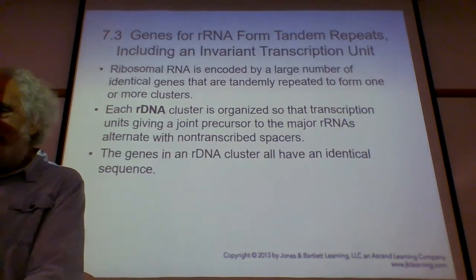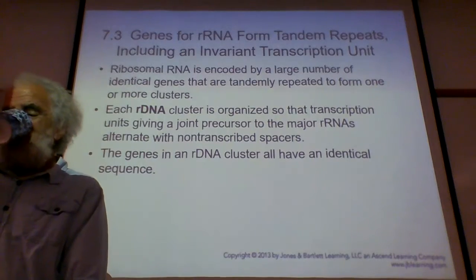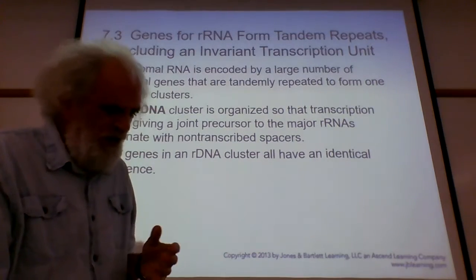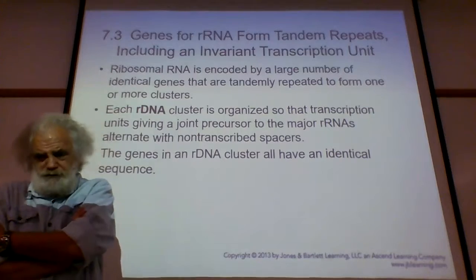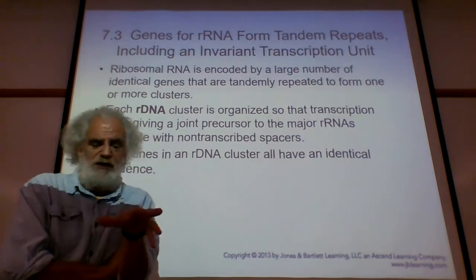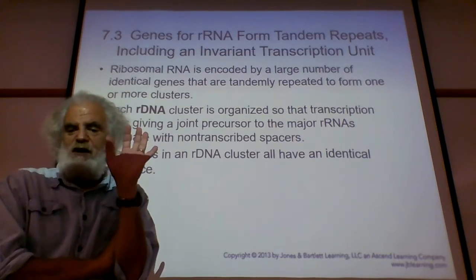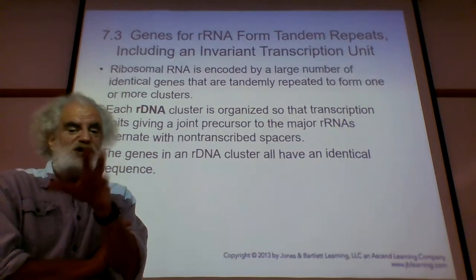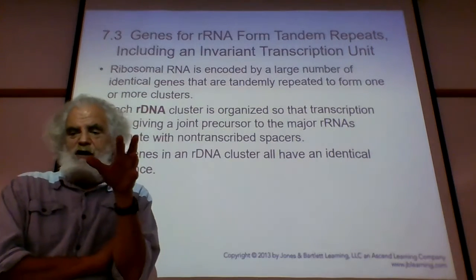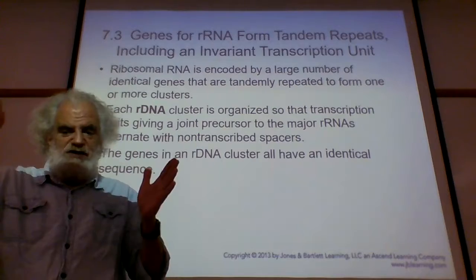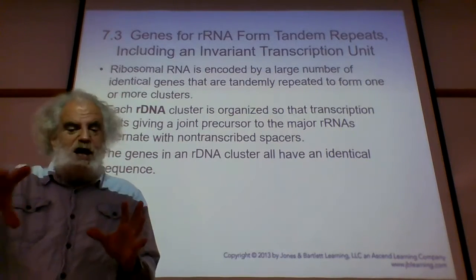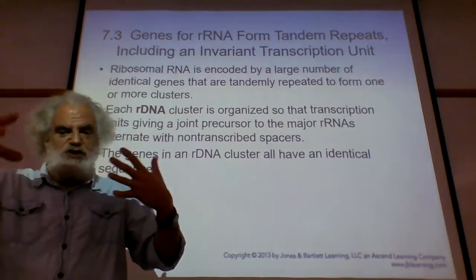So there are other repeat sequences as well. One that we talked a little bit about when we were looking at COT curves is the ribosomal RNA genes. These are a series of sequences that encode an RNA that is used in the construction of the ribosome.